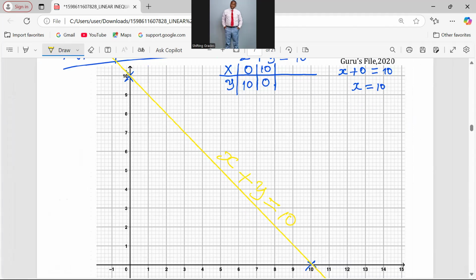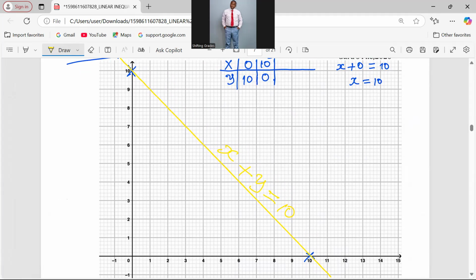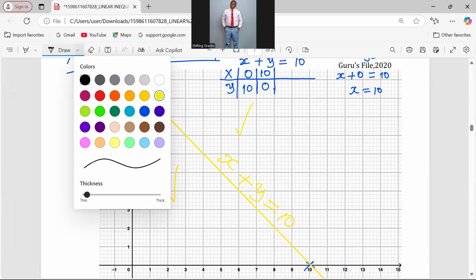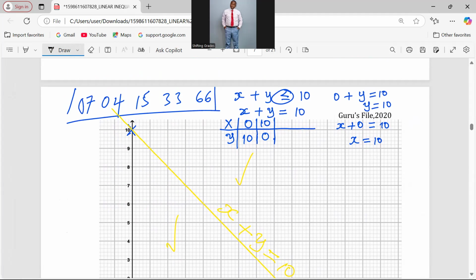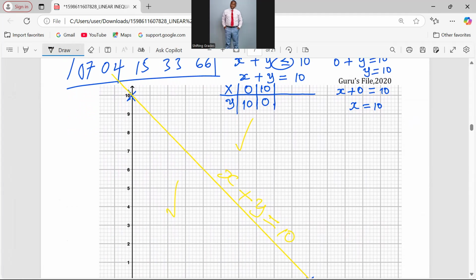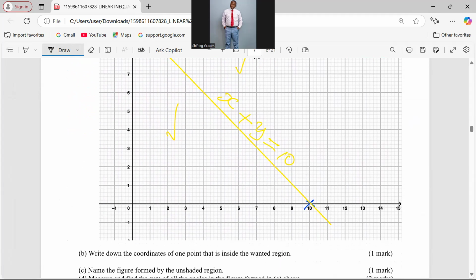So after that, how do we identify whether this line is going to be shaded on this side or on this side? Now the ball is on our side. This is how we determine it. We pick a coordinate on any side. Let's say I begin by picking a coordinate here. What will be this coordinate? This is coordinate 7, 8.